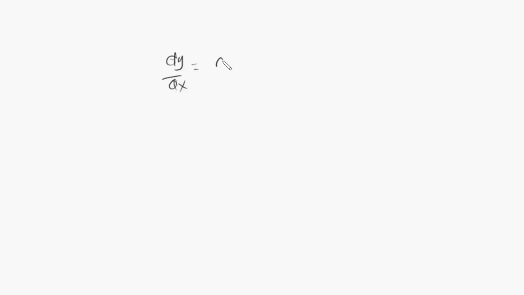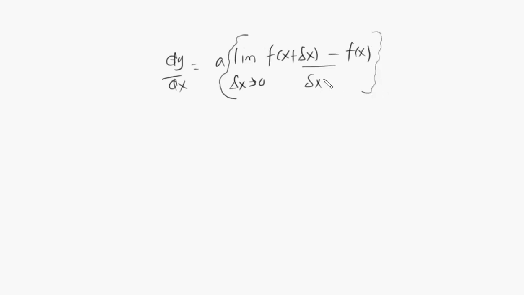dx is just equal to a, the limiting value of f(x plus delta x) minus f(x) over delta x as delta x approaches 0. Now, what is this? This one is just the derivative of the function f(x) with respect to x by first principle.